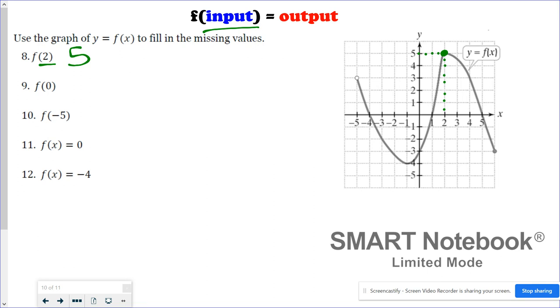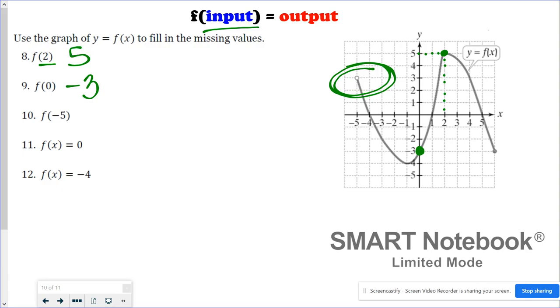I'm going to find that point on my graph that has an x coordinate of 0. It's right there. The y value is -3. And number 10, f of -5, I'm going to do the same. Look at this. Do you see that open circle there at -5? What does this mean when it comes to our answer?